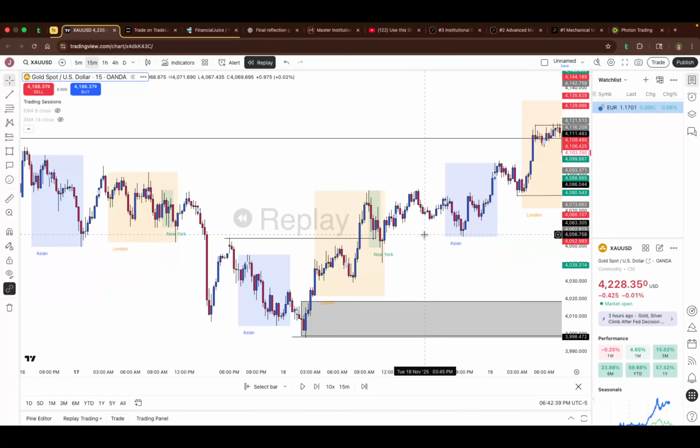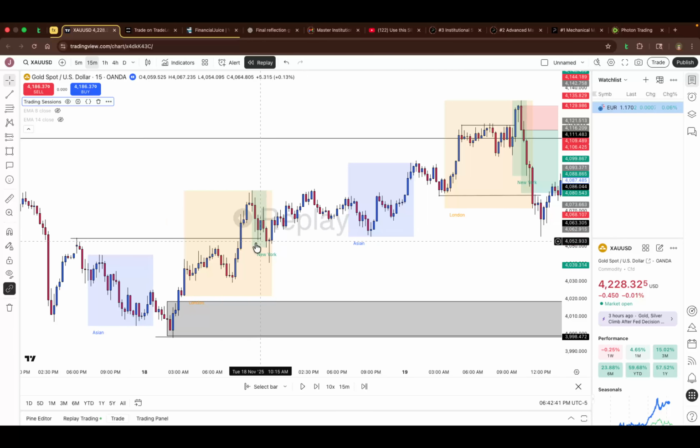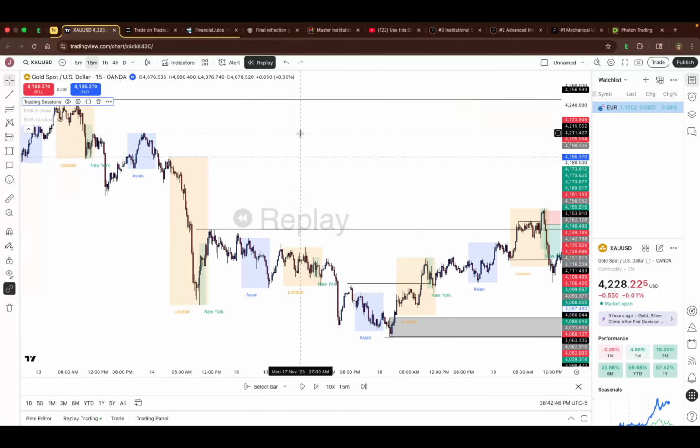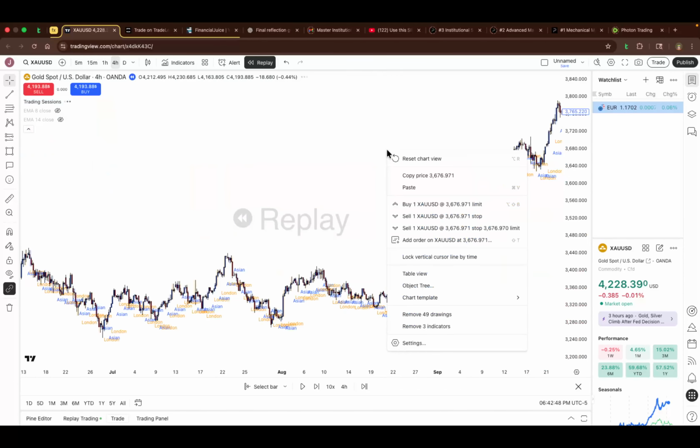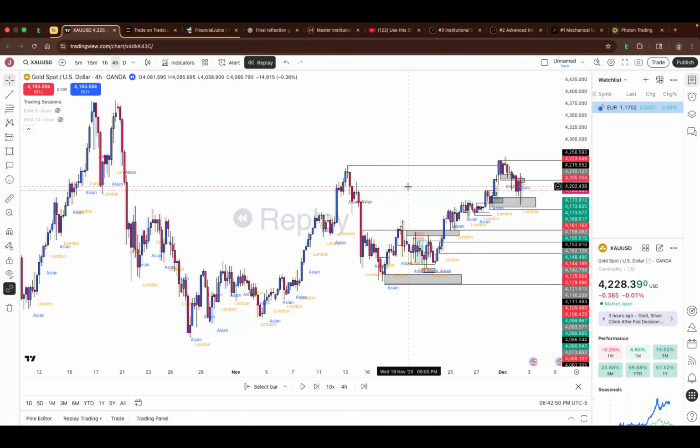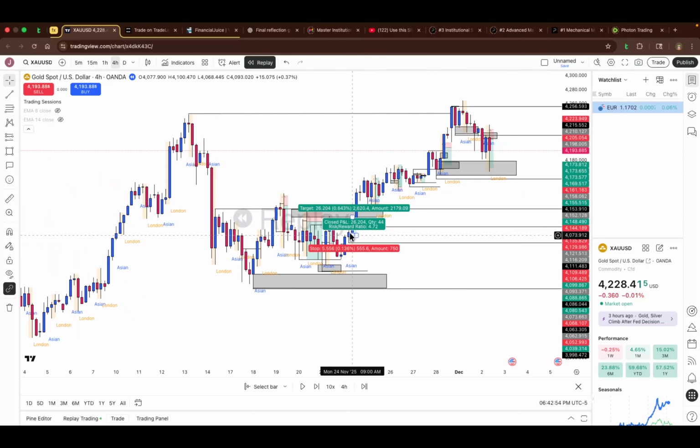So what do we see here? Solid breaker structure to the upside. We see price continue pulling up. And what is our overall target, or our overall goal, is to just see price retrace probably back into this.